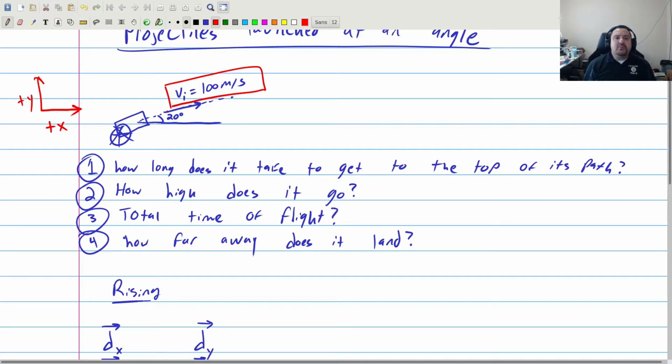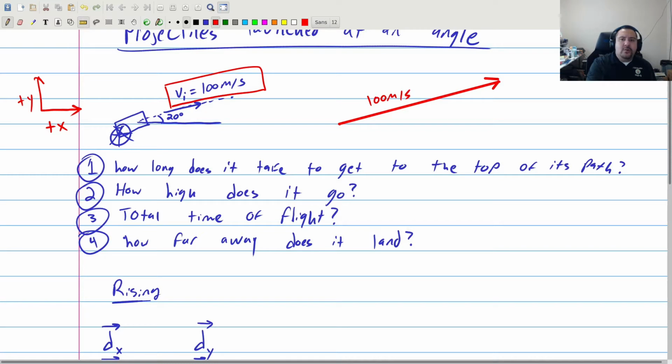So we need to break that velocity up into components along the x and y axes. What do I mean by that? Well, the initial velocity is going this way, at about 20 degrees, at 100 meters per second.